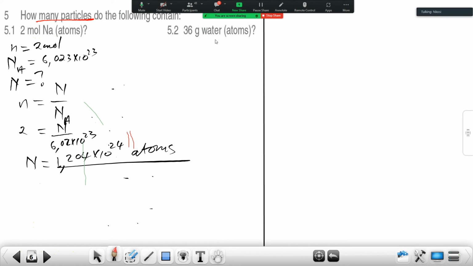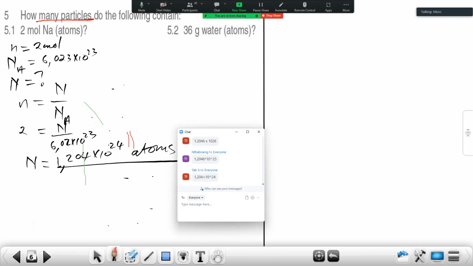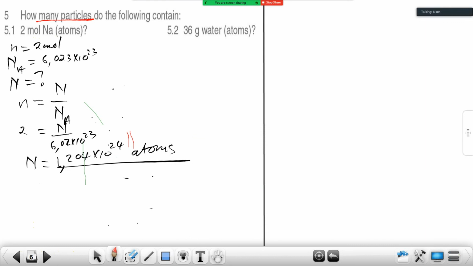So the first thing to do is to ensure that I have the number of moles. I must calculate the number of moles of water. My pen doesn't want to write. Let me just close the chats, and I will be able to write.